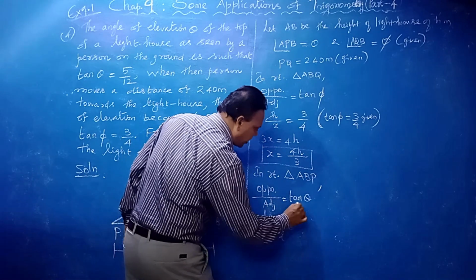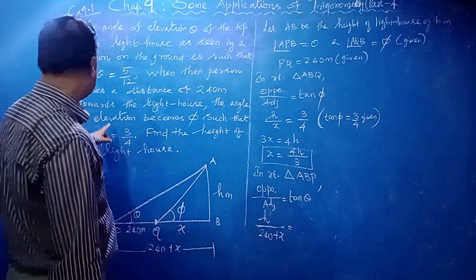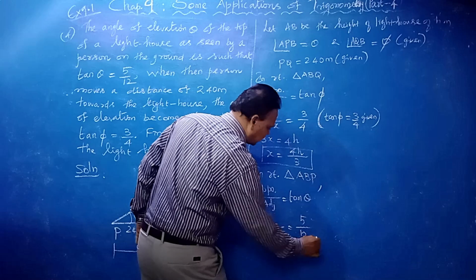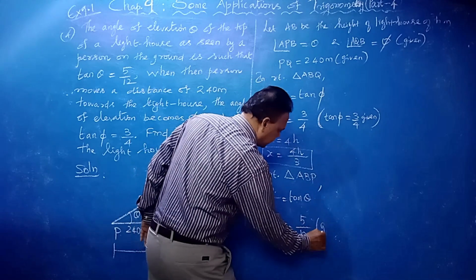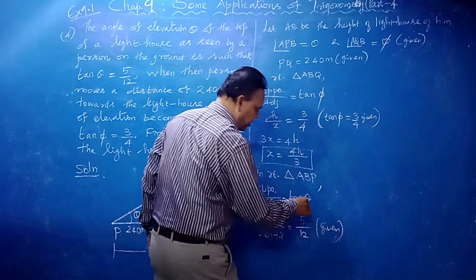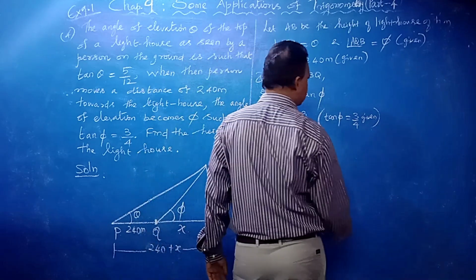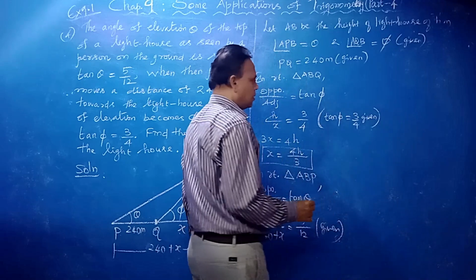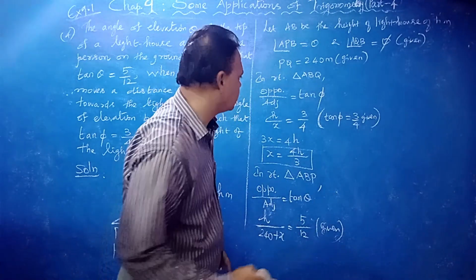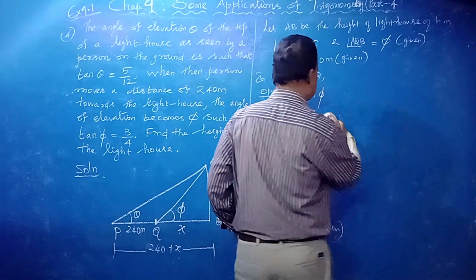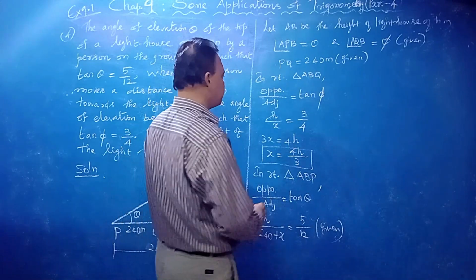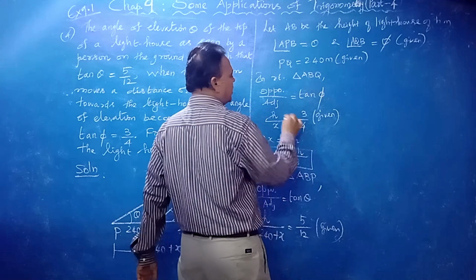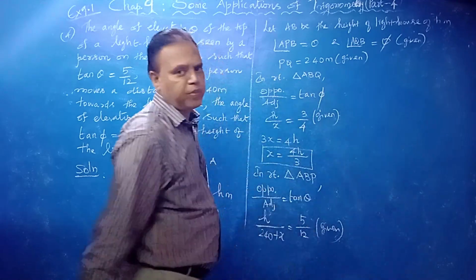That's equal to tan theta value. Tan theta value 5 by 12 is given. Here you write simply given, enough. Understood?